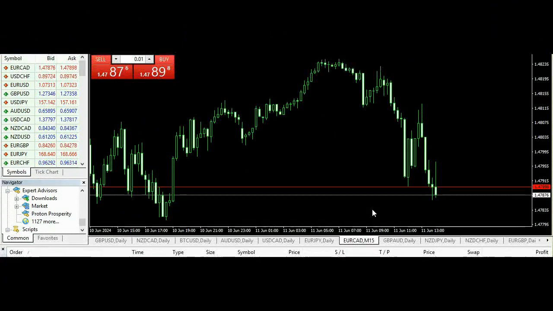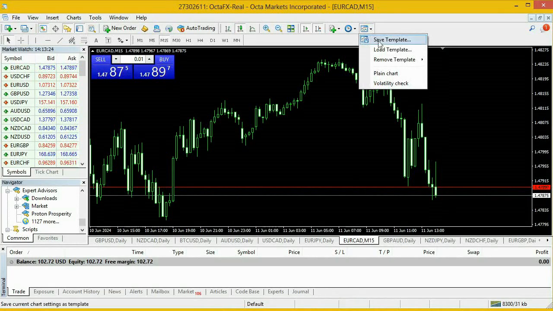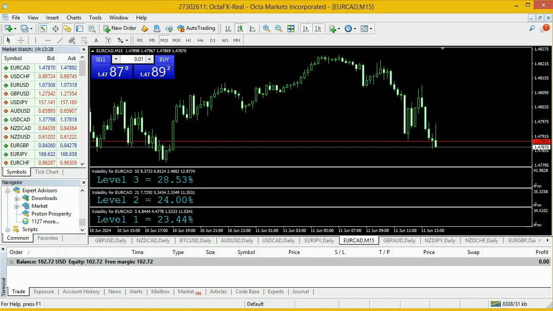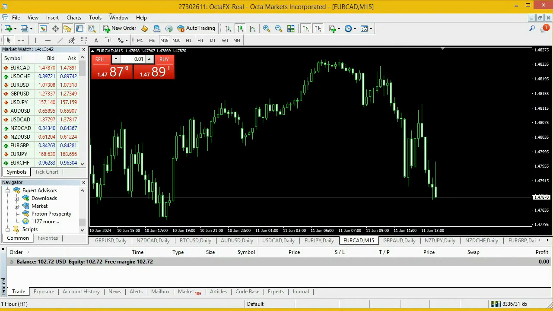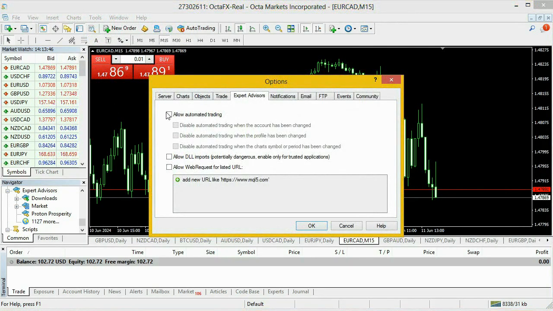Our second trade is on the Euro-Canadian dollar currency pair. First things first, we check for volatility, and we only continue when all volatility conditions have been met. Everything is good here. We need to turn auto trading on.